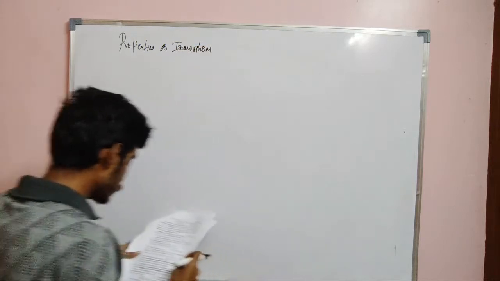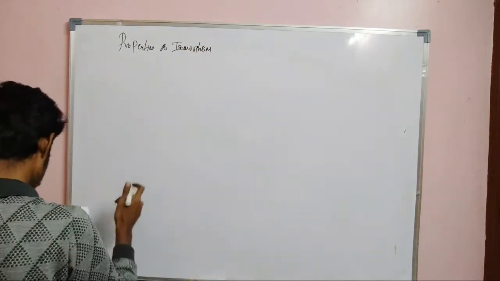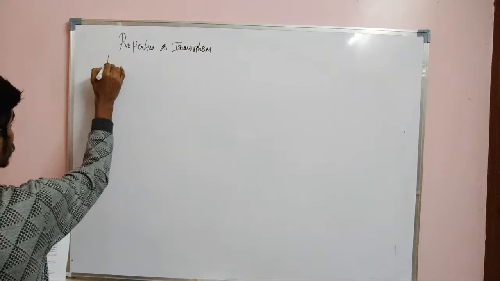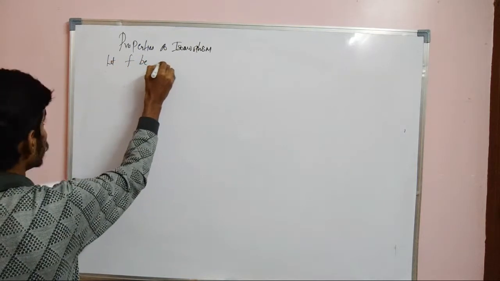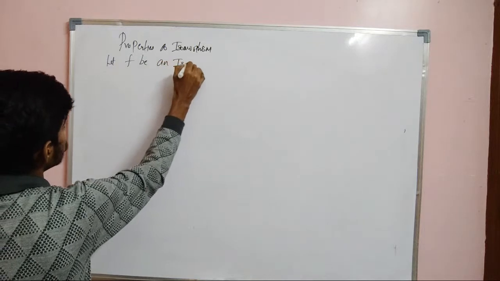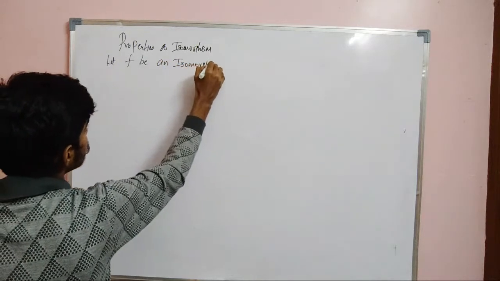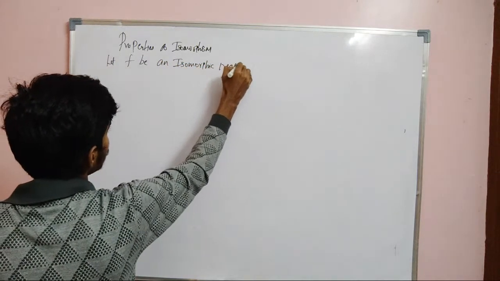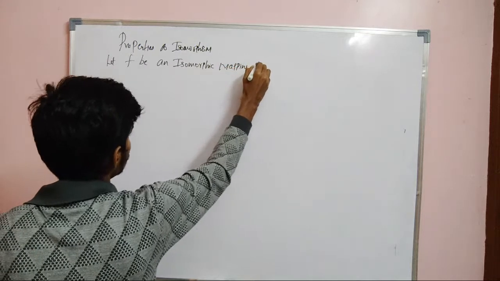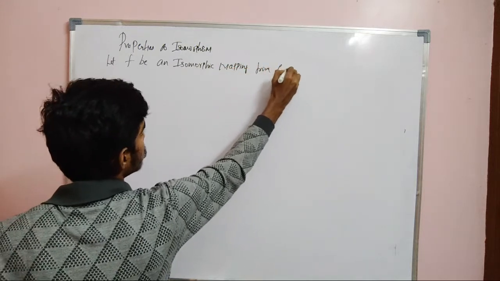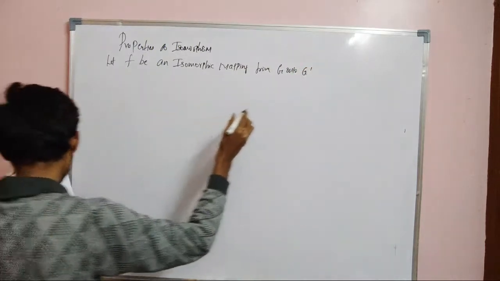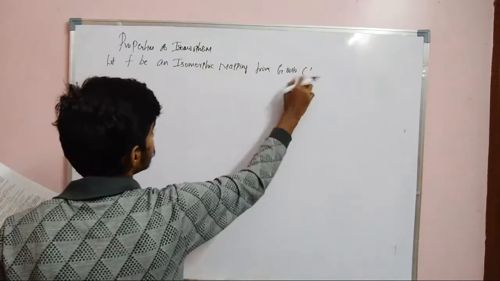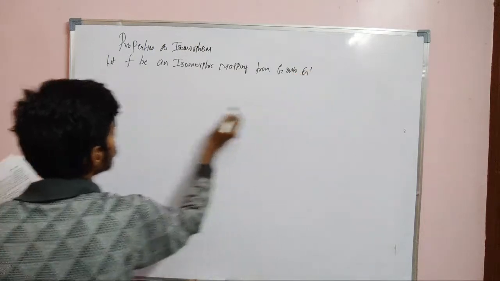Let F be an isomorphic mapping of a group G onto G dash. Then we have the following properties.